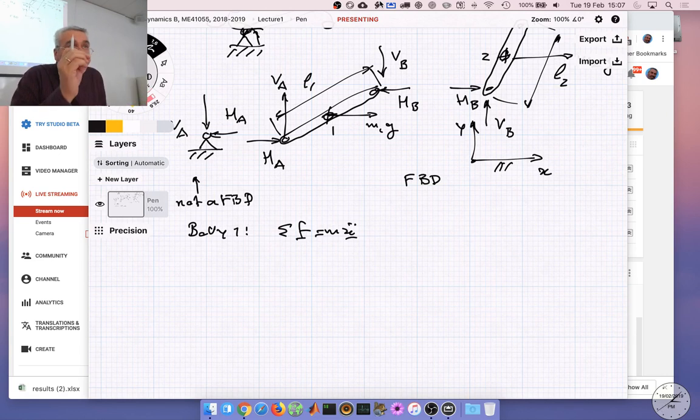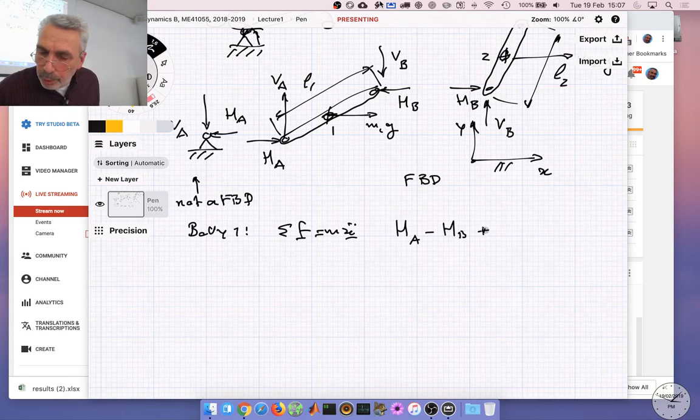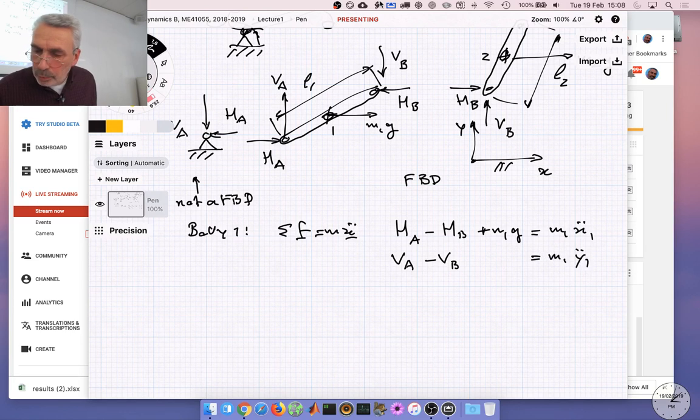You have to keep track of what goes in and what goes out, and well, you just have to do it. So, plus HA minus HB plus M1G equals M1 x double dot 1. And then vertical, VA minus VB, no applied forces, right, is M1 y double dot 1.